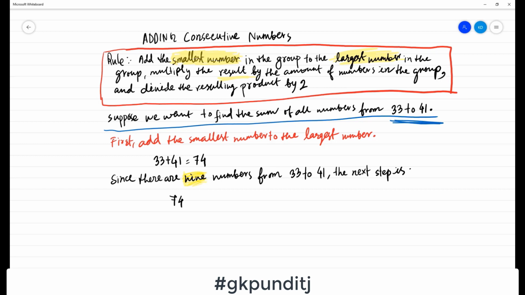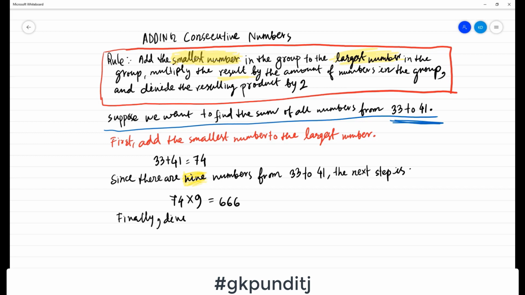Multiply the result by the amount of numbers in the group. The amount of numbers is very important, so I'm marking it with the yellow marker. The 9 numbers, you need to multiply by 9. So 74 times 9 is equal to 666.